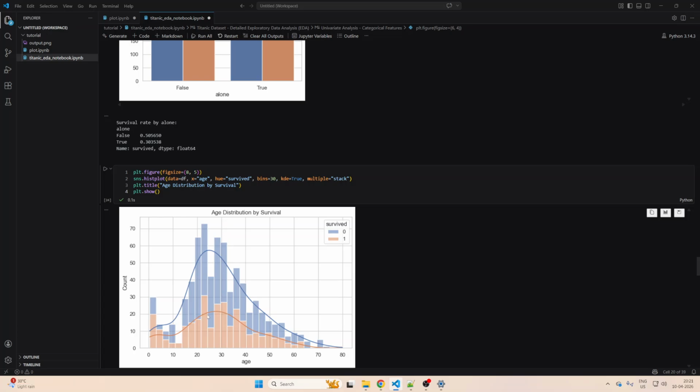The age distribution of survival: it looks like in every age group, half of them survived and half of them passed away.